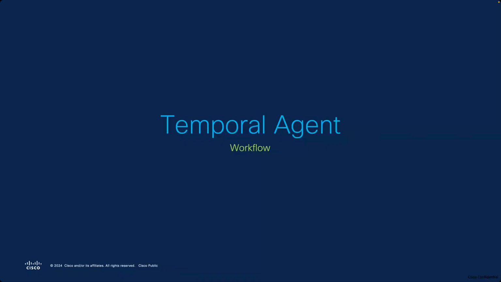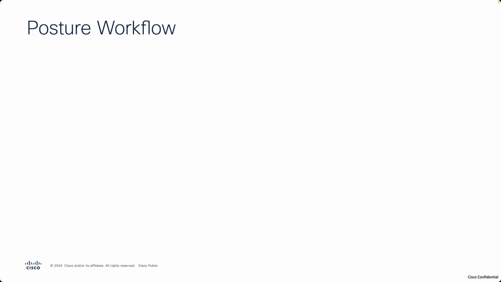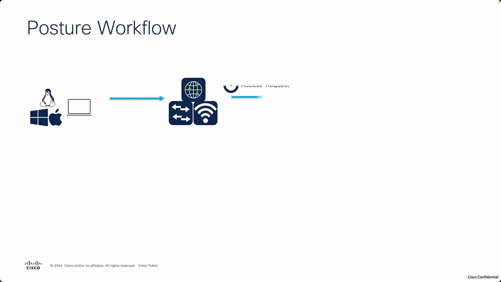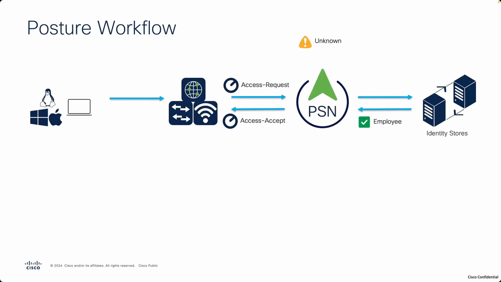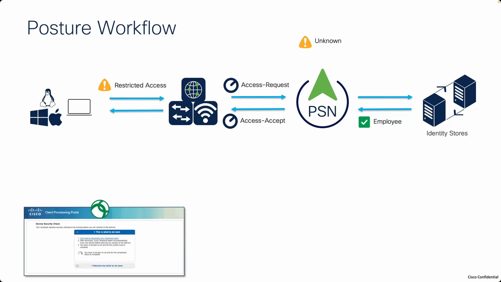Now, coming to the last agent type, called the temporal agent. The temporal agent gives you the flexibility not to install any agent on the endpoint, but with the temporal agent executable file, we can get the posture assessment of an endpoint. So how does it work? When the endpoint connects to the network for the first time, it's the same thing, but instead of provisioning Cisco Secure Client or an agentless plugin, we can provision the temporal agent through the client provisioning portal.